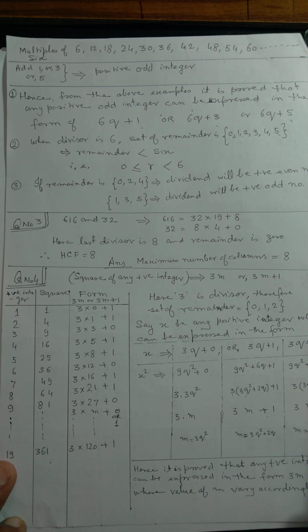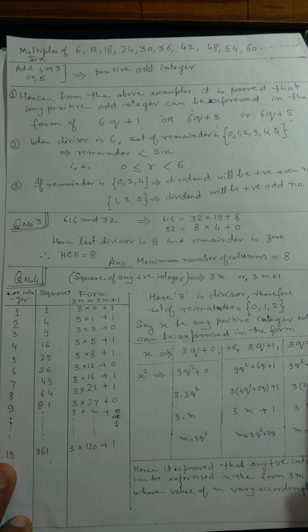Now 3q plus 2: any number which can be expressed in the form of 3q plus 2, if you make the square of it, you will get 9q square plus 12q plus 3 plus 1. You see, when you get the square of 2, I have already written here, in place of 4, 3 plus 1.